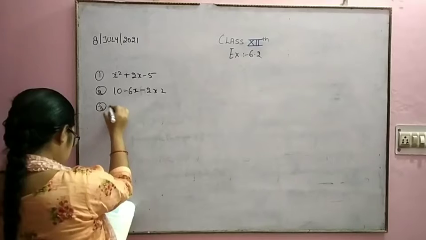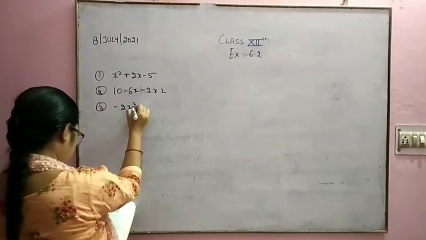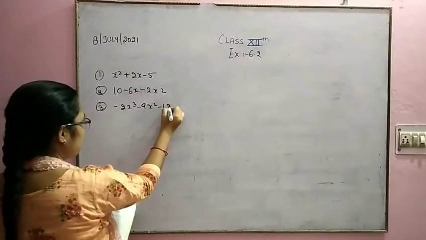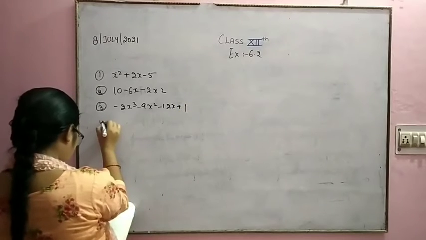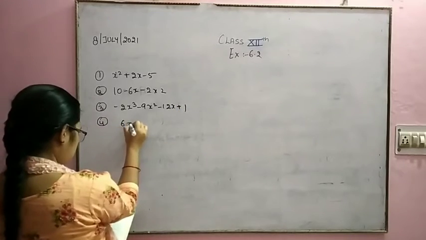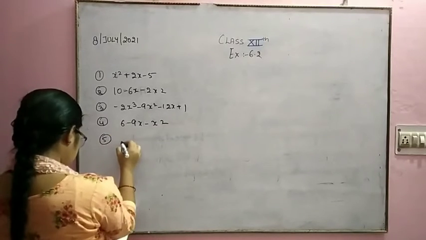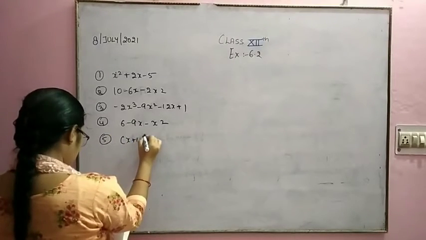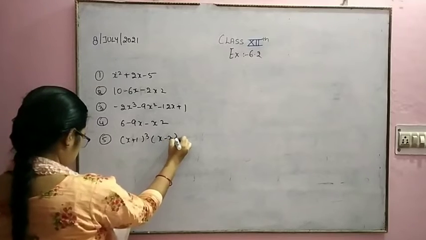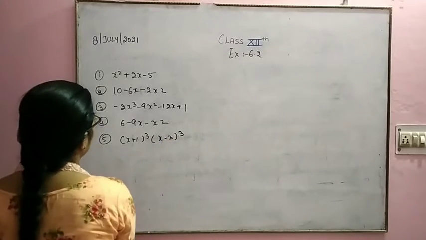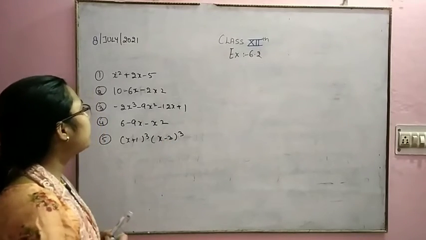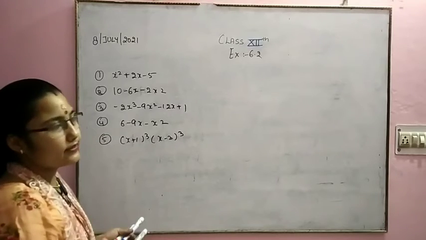Third one is minus 2x cube minus 9x square minus 12x plus 1. Fourth one is 6 minus 9x minus x square. And fifth one is (x plus 1) whole cube and (x minus 3) whole cube. We have to find out the interval for increasing and decreasing.